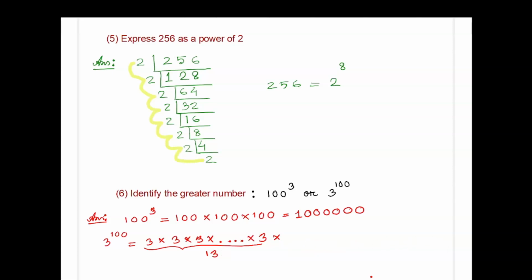That means 100 minus 13, it will be 87 times.